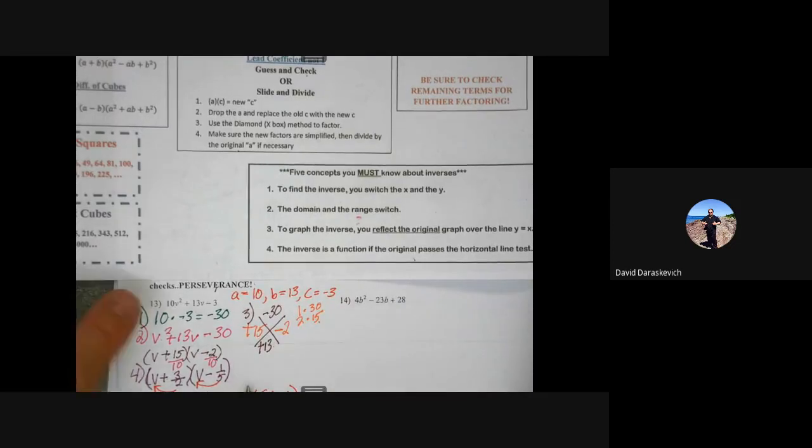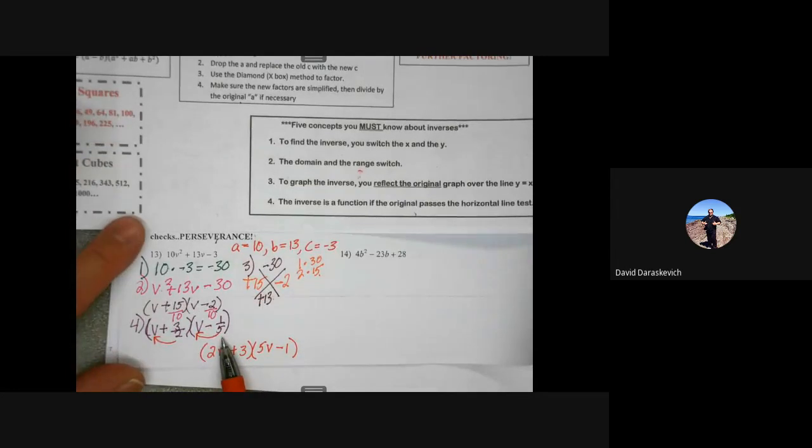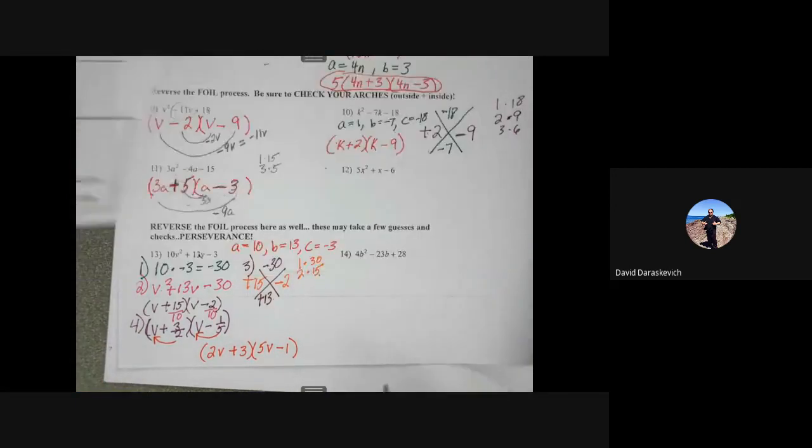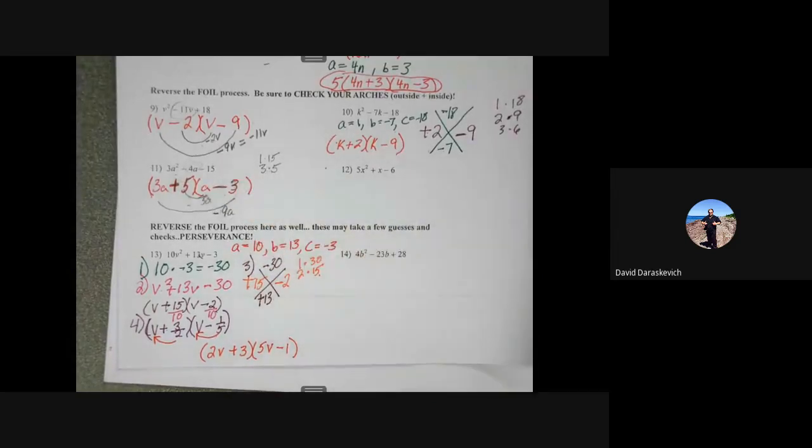That is this factored. Now, seems like a lot of work, but it's doable. Okay, you can do it. Whereas you can get very frustrated trying to do it this way.